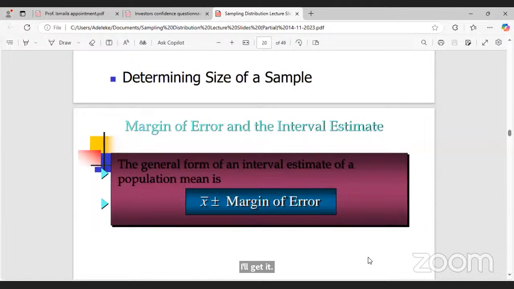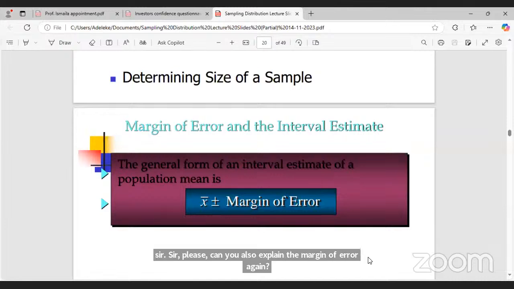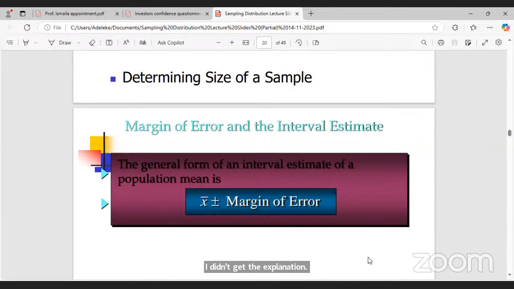Okay, sir. Please, can you help us explain the margin of error again? I didn't get the explanation. Yes. I'll go back to our point and interval estimation. The point estimation will lead you to a single value, and then the interval estimation will lead you to a range of values. Now, what is the difference?